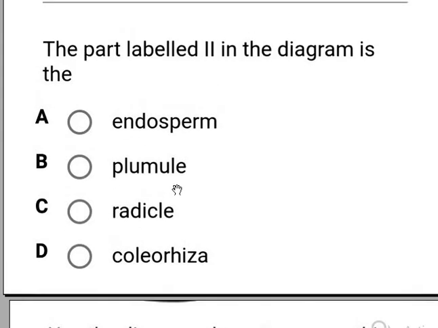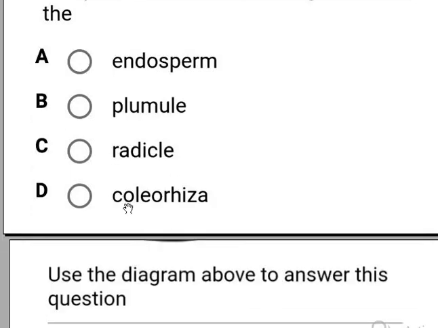The question says the part labeled Roman 4 from the diagram is A, endosperm, phloem, radicle, and chlorhiza. So actually we skipped this question.